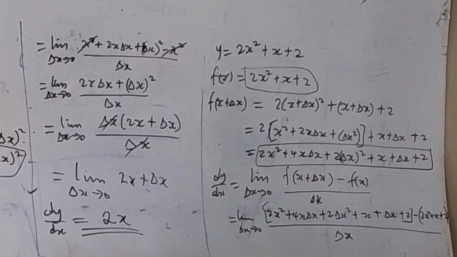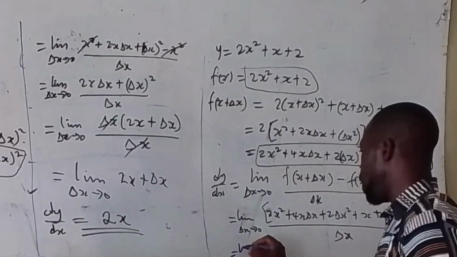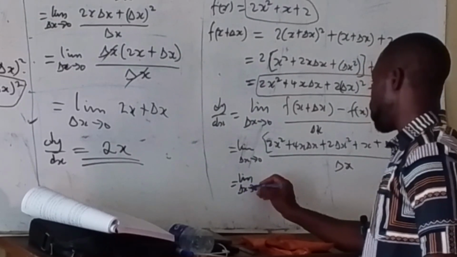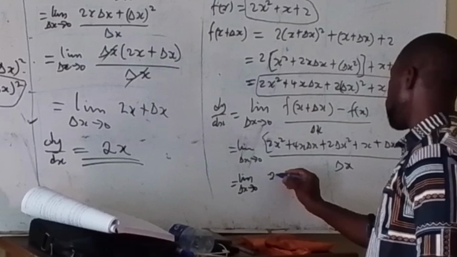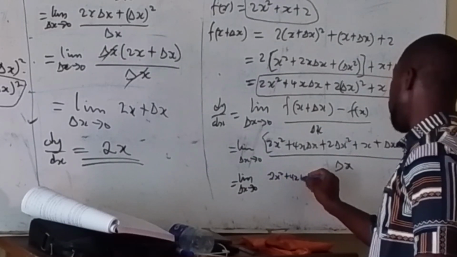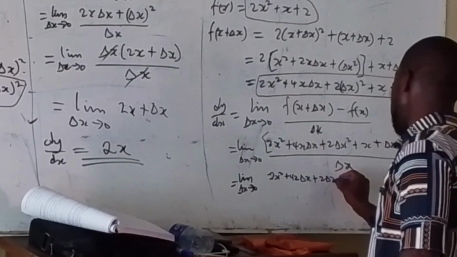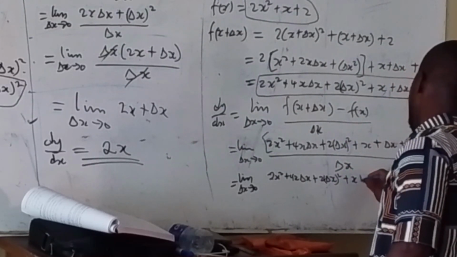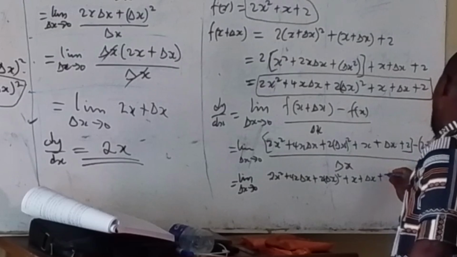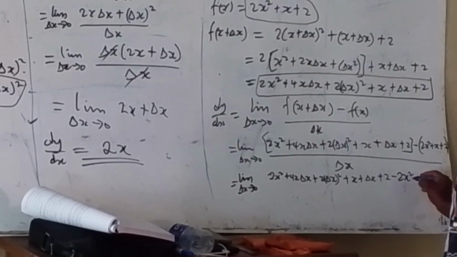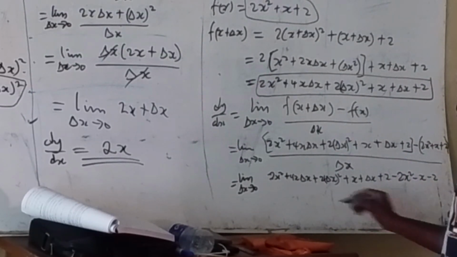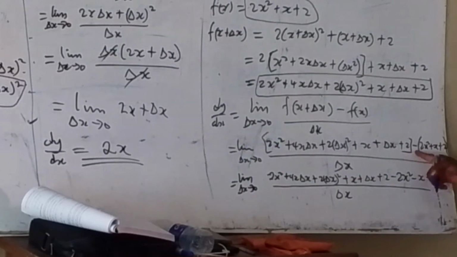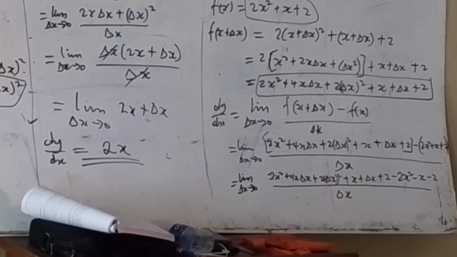So that leads to limit as change in x tends to 0, 2x squared plus 4x change in x plus 2 change in x squared plus x plus change in x plus 2 minus 2x squared minus x minus 2, over change in x. When you open this bracket, the minus will affect all of them.